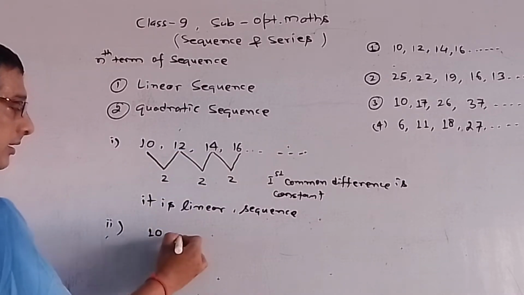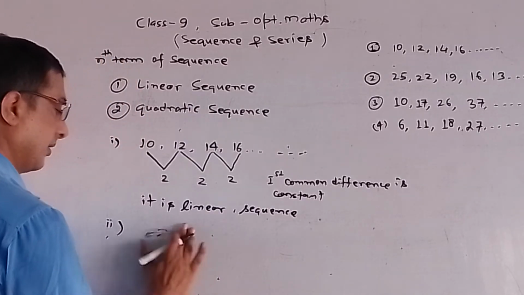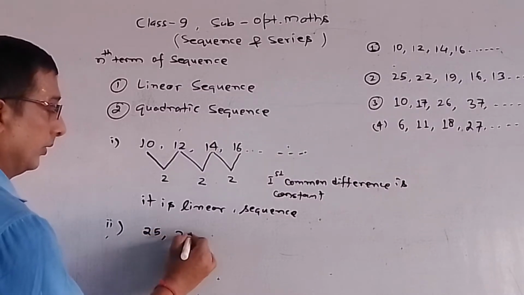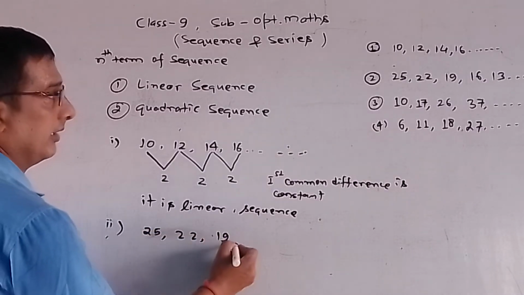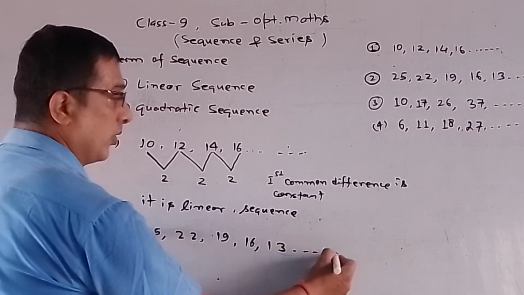Second one is 25, 22, 19, 16, 13 and so on.